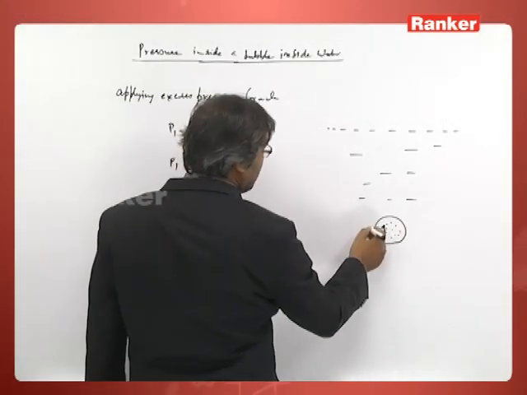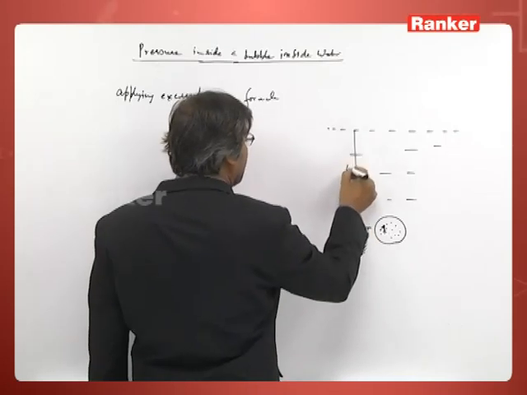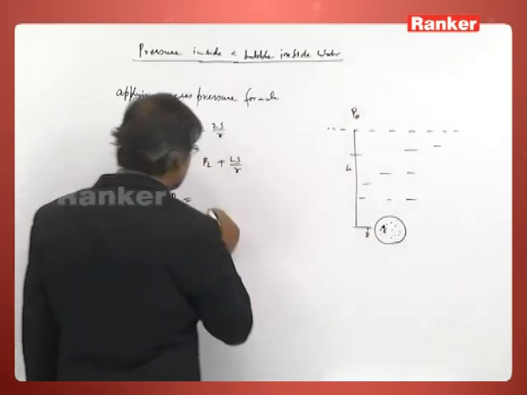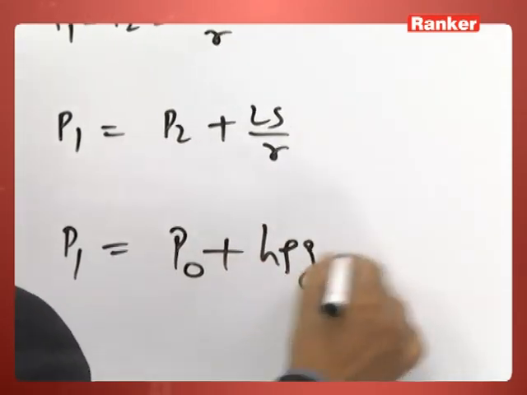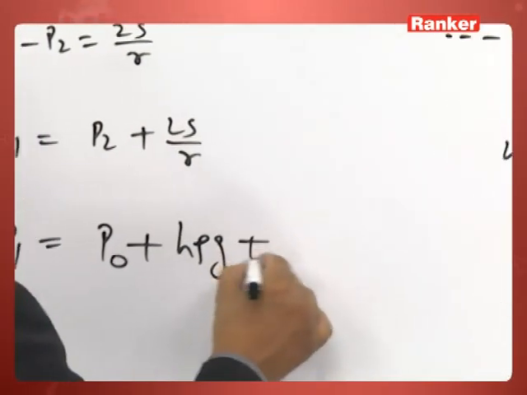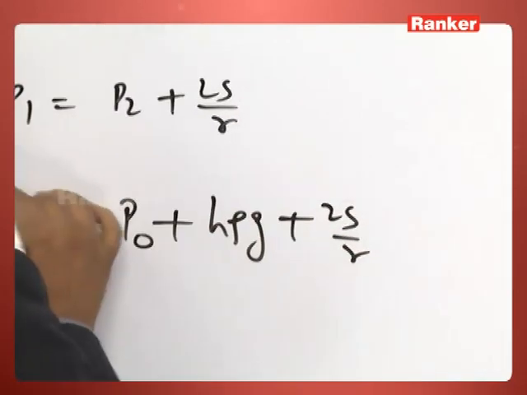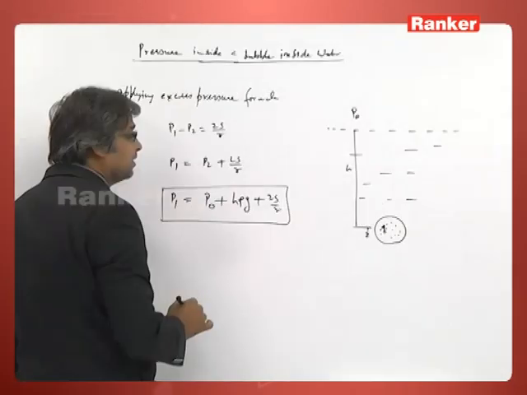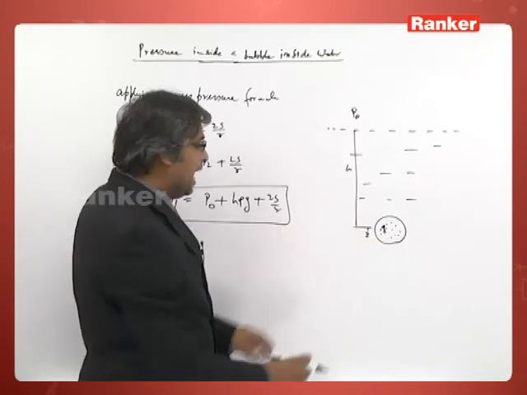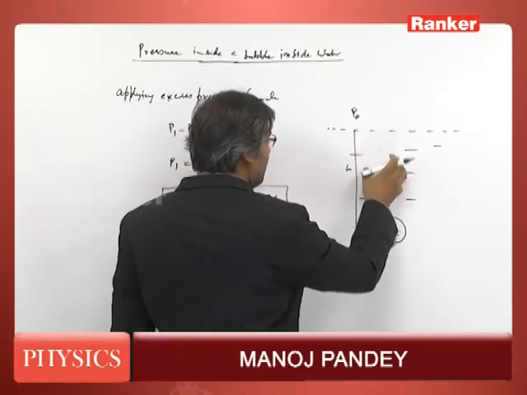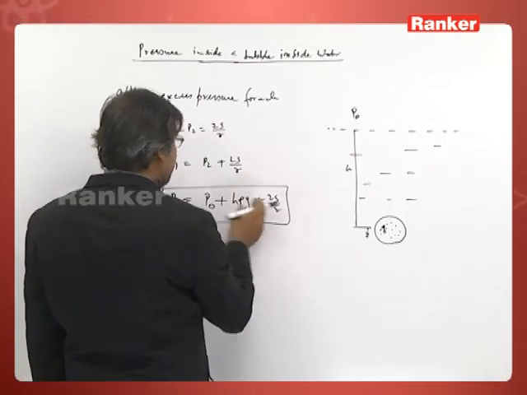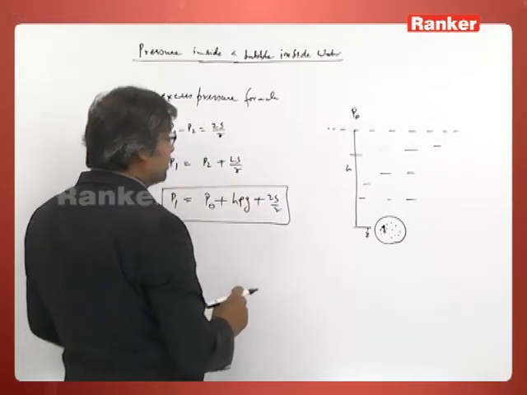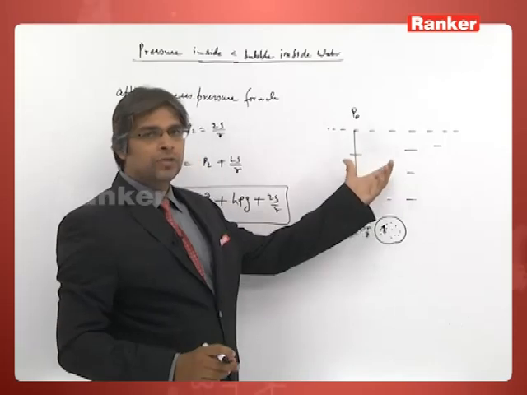There is only one surface, and if it is at a height h, and here it is P naught, atmospheric, then P1 is P naught plus the hydrostatic pressure h rho g plus 2S by r. This is the pressure inside this liquid. As it goes up, you see h decreases and the pressure also decreases.